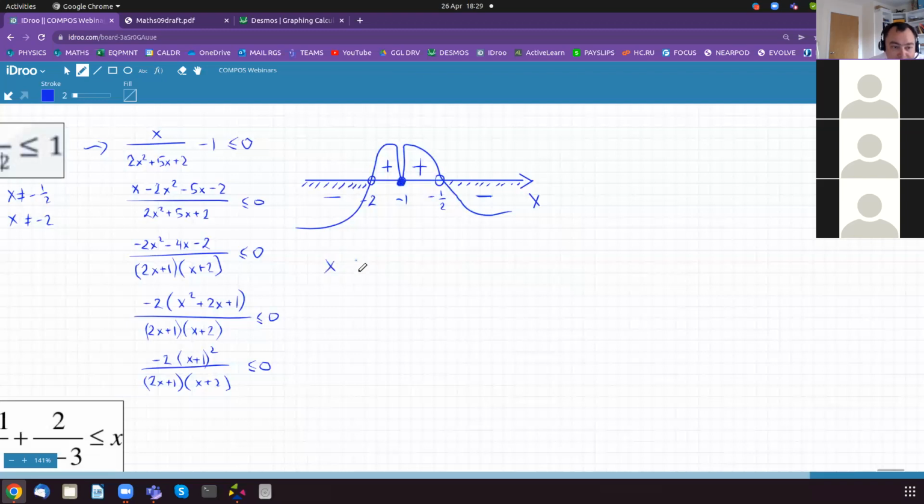So x belongs to the interval from minus infinity to minus 2, not included, or x is minus 1, or x is from minus a half to plus infinity.